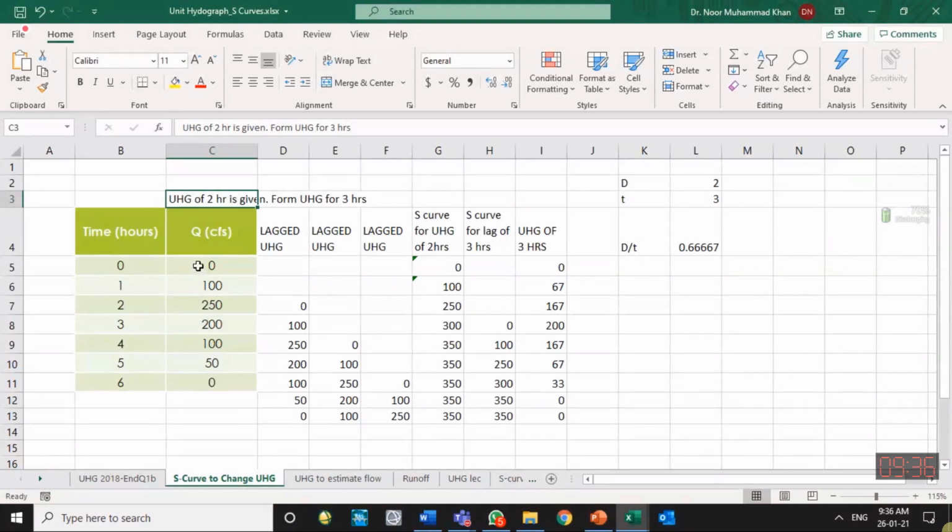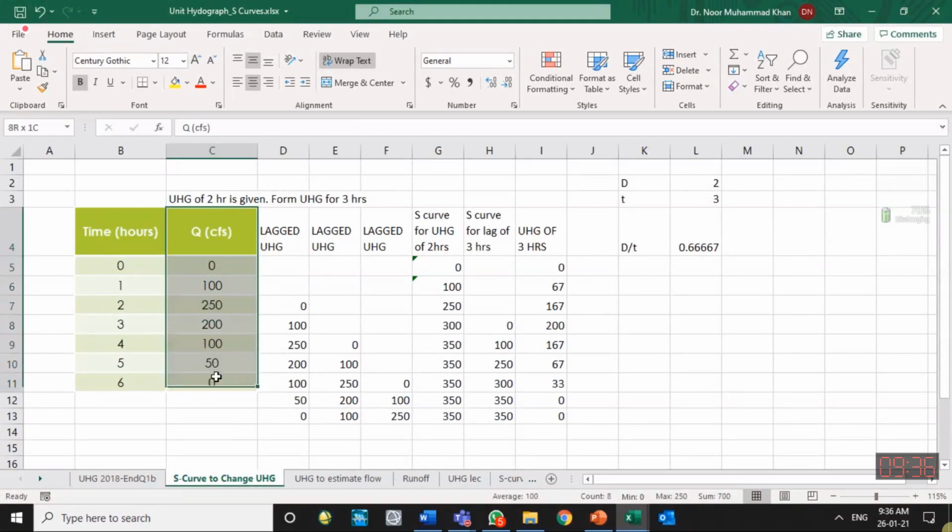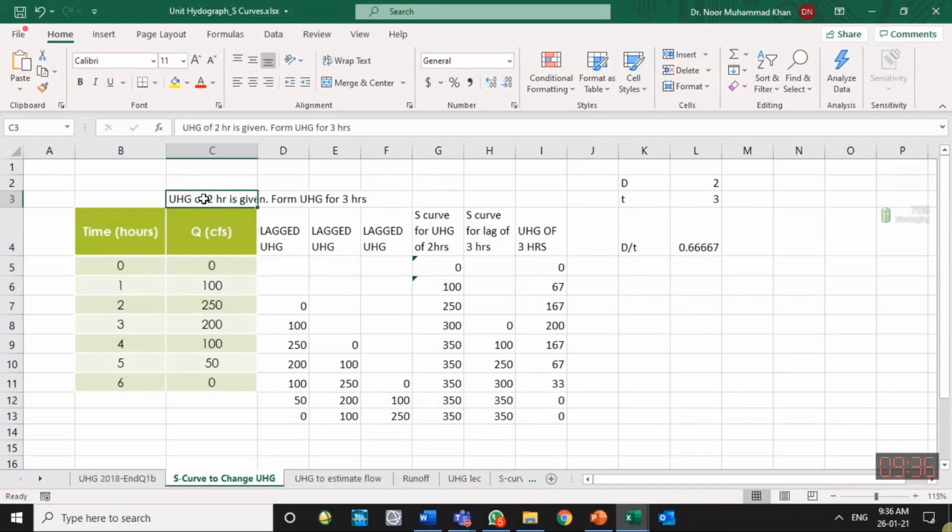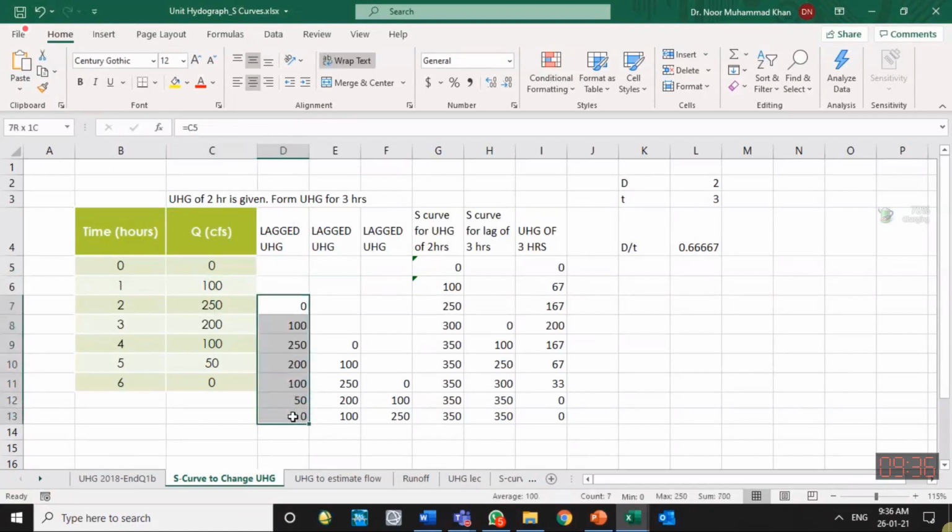So make an S-curve for this. How can we make it? Make a series of unit hydrographs, lagged by this 2 hour duration. So this is a lagged unit hydrograph. This is the original, this is the first lag, this is the second lag, and so on. You should have a series of them.